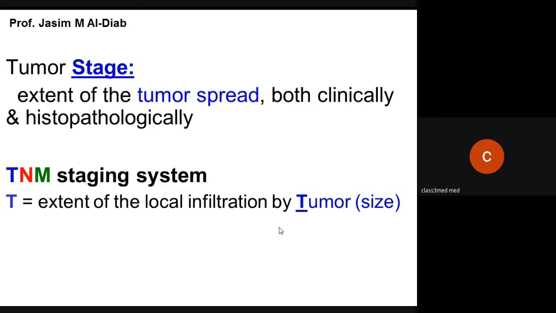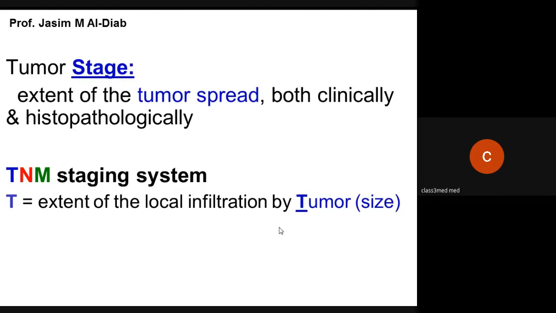In the transitional cell carcinoma of the urinary bladder, when it involves the inner half of the muscle coat of the bladder, we call it T2A. When it involves the outer half of the muscle coat of the bladder, we call it T2B.